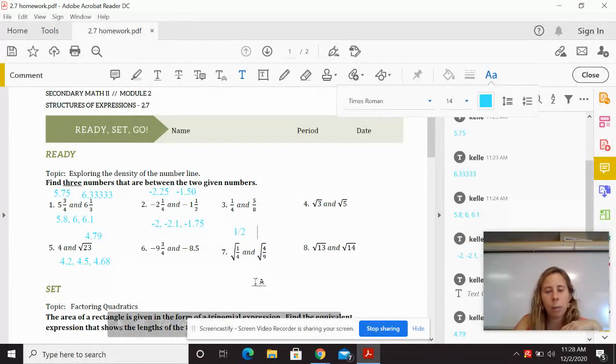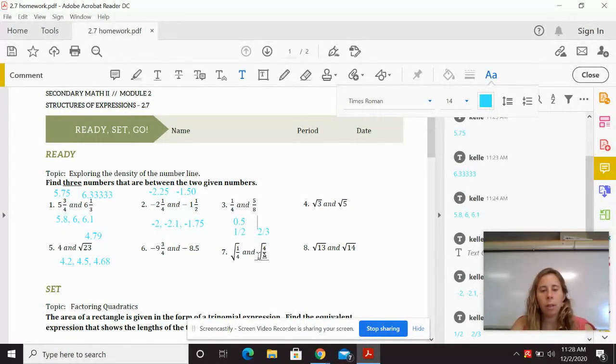This one, the square root of 4, we already did that. What number times itself is 4? It's 2. What number times itself is 9? 3. All right, so between 1/2 and 2/3. Once again, if you don't like fractions, you can change that: 1/2 is 0.5, and 2/3 is 0.6777777.